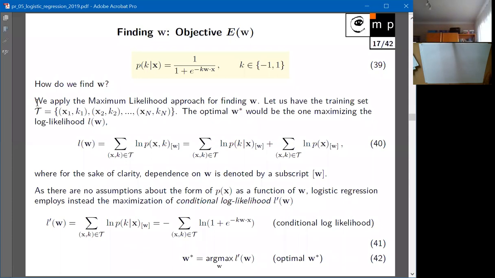okay, let's give me the maximum likelihood estimate for W, given the log probability of our observations.